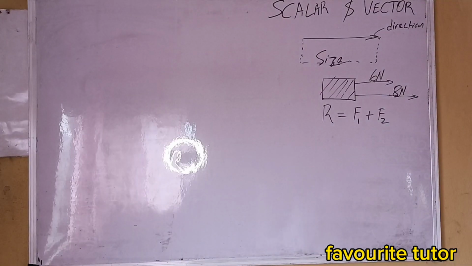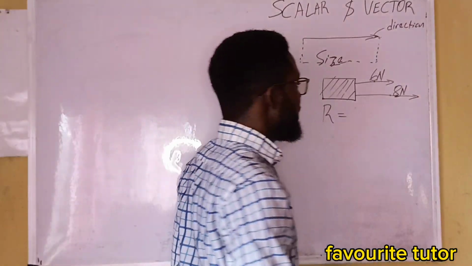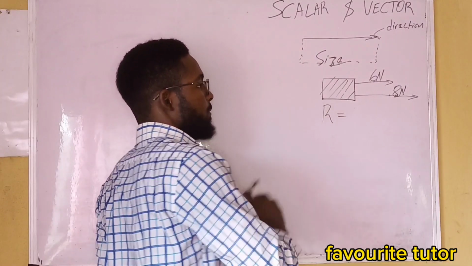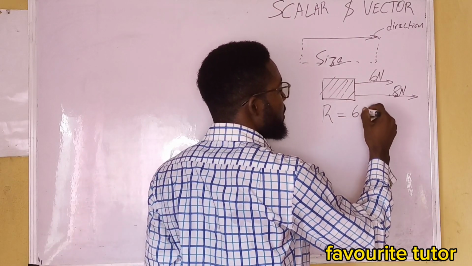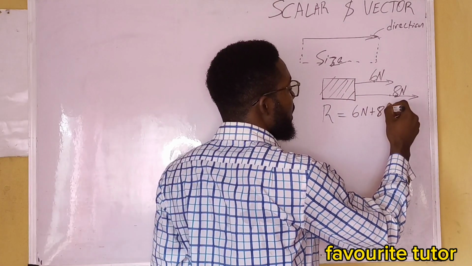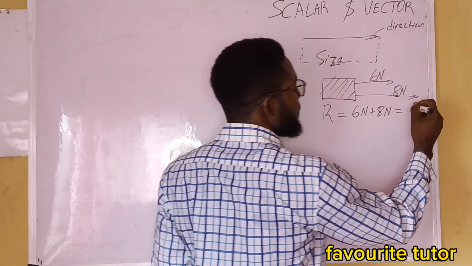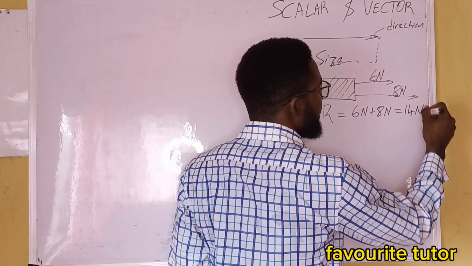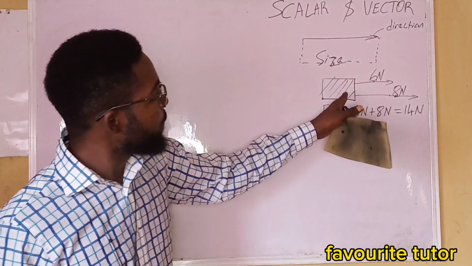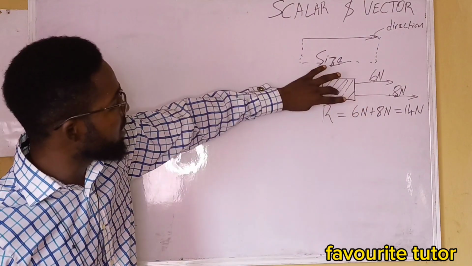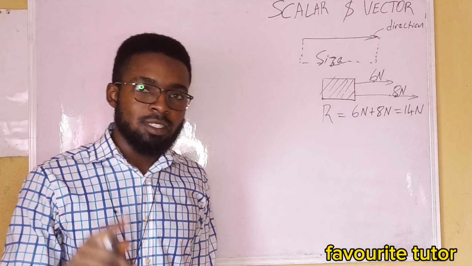So to get the resultant, or the net force acting on this body, it is 6 Newton plus 8 Newton, which equals 14 Newton. So the force acting on this body is 14 Newton. Now this is the first case.